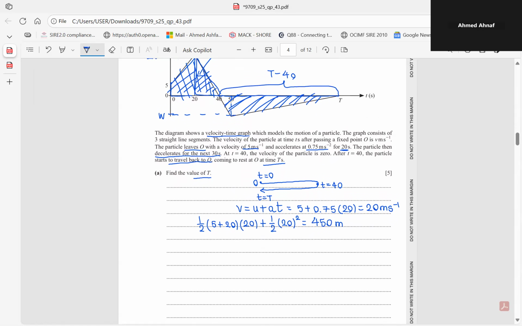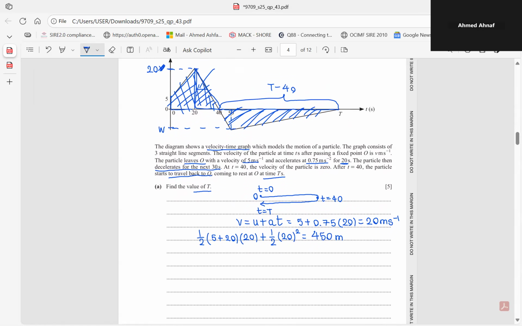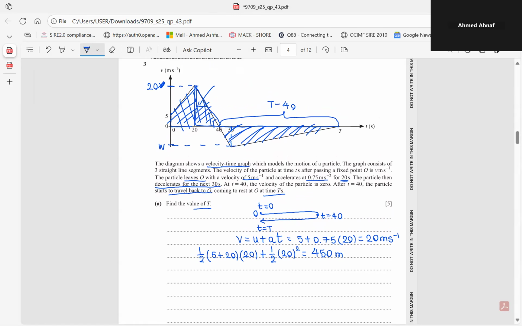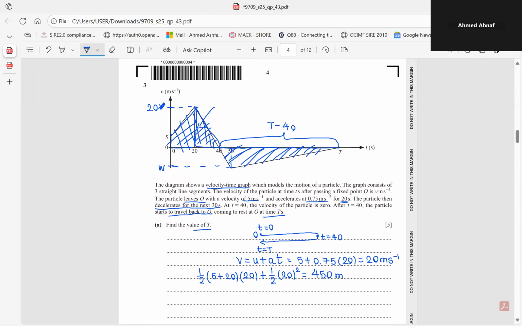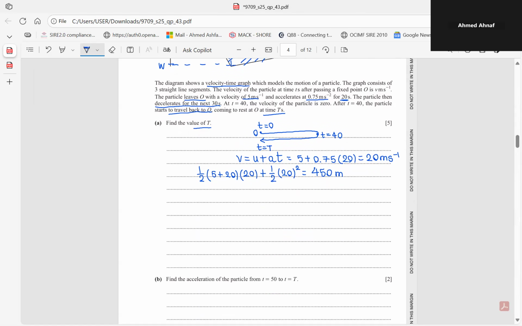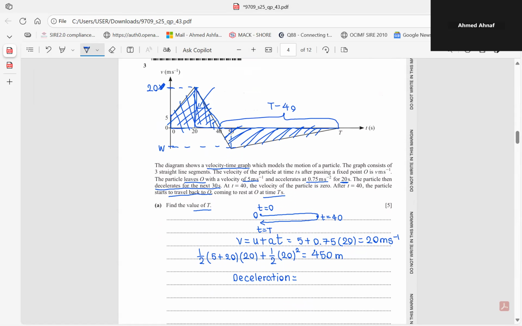Okay, so let's find W. To find that, we first need to know the deceleration. For the velocity time graph, that is given by the gradient of the line. So we can calculate the gradient from t = 20 to t = 40. The deceleration is obviously going to be negative.